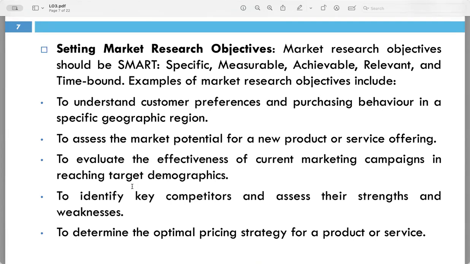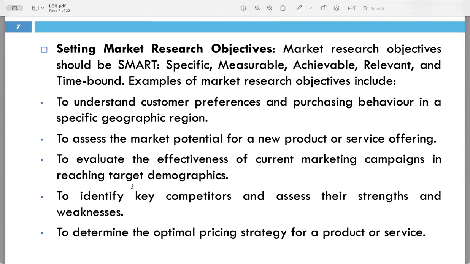Relevant objectives should align with the broader goals of the organization. For example, to identify key competitors and assess their strengths and weaknesses is relevant if the organization aims to position itself strategically within the competitive landscape.